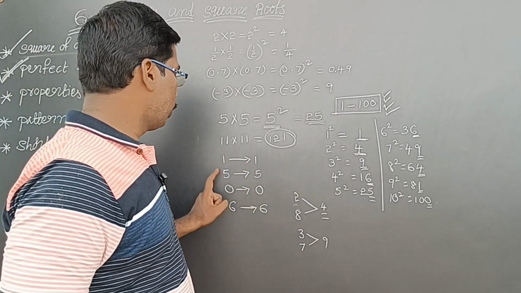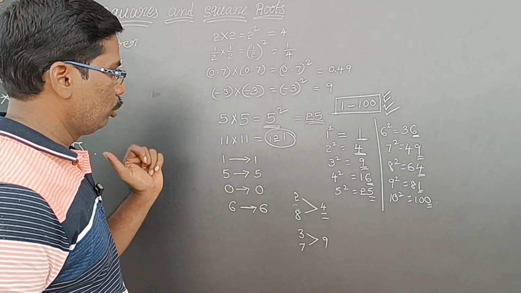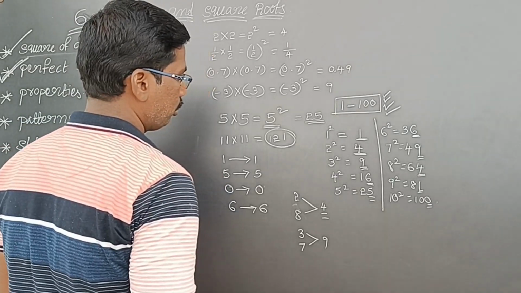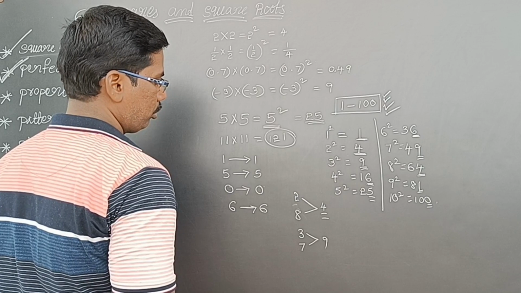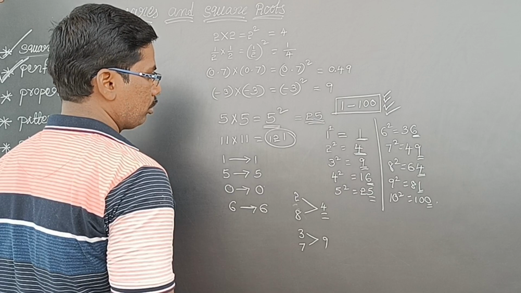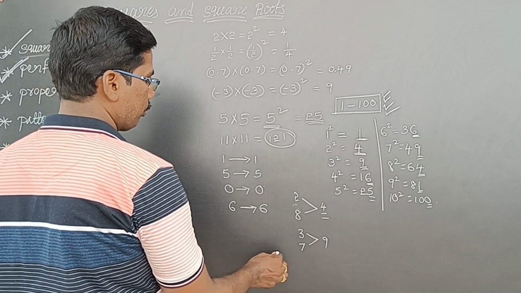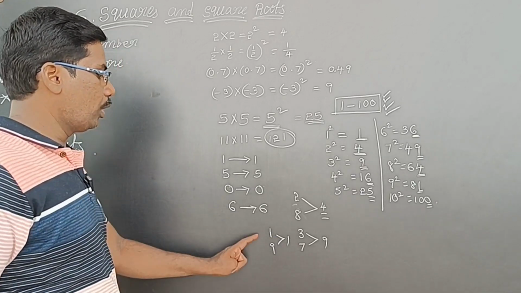So, see 1, 2, 3, 4, 5, 6, 7, 8. So, still 2 numbers are there. 1 and 9 you will get 1 only.